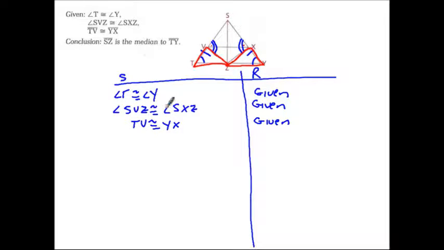So here we go. Let's start using our supplementaries. Let's say that we have angle SVZ is supplementary to angle TVZ. Reason? If 2 angles form a straight angle, they are supplementary.